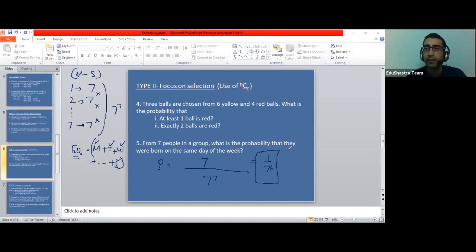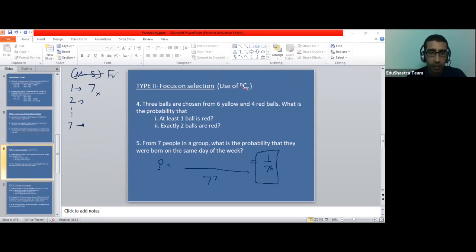Yeah, is this clear? Is this clear, guys? You could also have seen this as, if 7 to the power 7 is clear, 7 to the power 7 is, of course, the total possibilities.